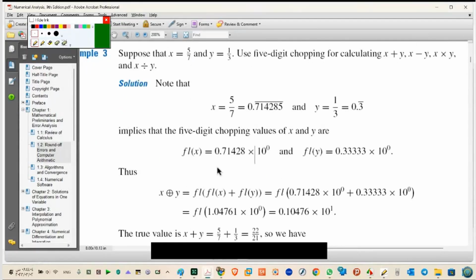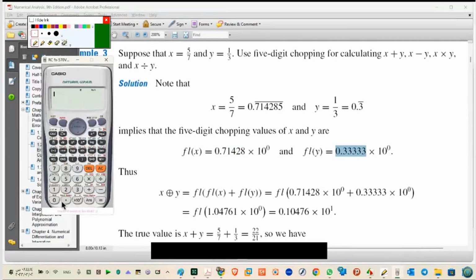Now I apply. I will take this number and this number as they are and put them in the calculator: 0.71428 plus 0.33333. The answer is like this: 1.04761.